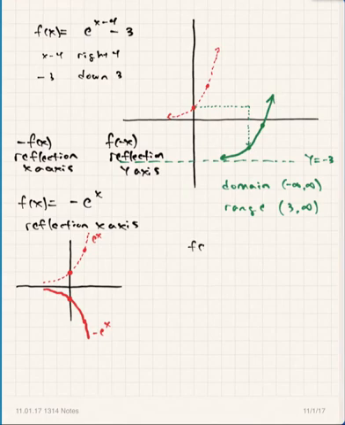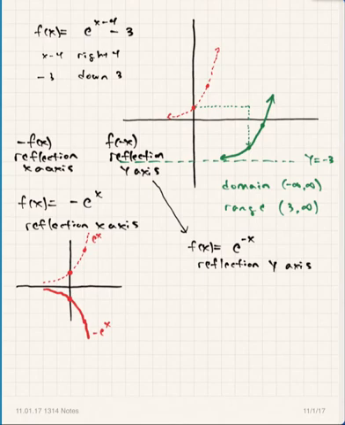All right, if we have f of x equals e to the negative x, now I'm putting a negative sign on the x value. That's this reflection right here. This is a reflection around the y-axis. So reflecting around the y-axis, again, I'm going to sketch e to the x. Put in the graph of e to the x here.